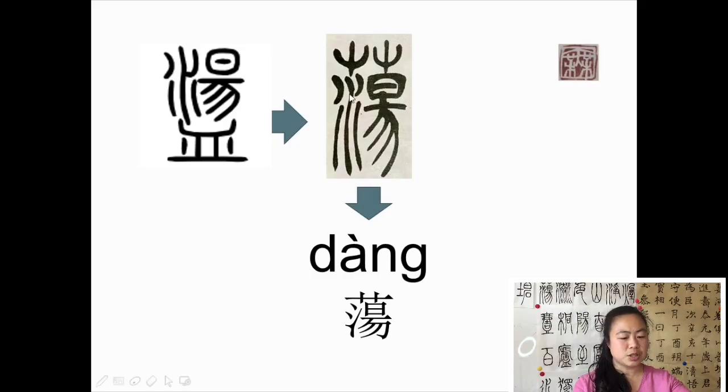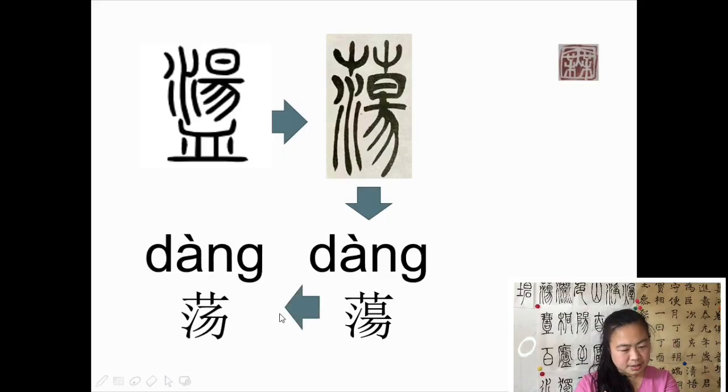So basically the traditional character just change the grass part and the water part into this one and keep the shape of the right bottom part. And then in simplified character, we simplify the right bottom part into this one. Actually, this one are all a character with these parts all simplify into these parts.